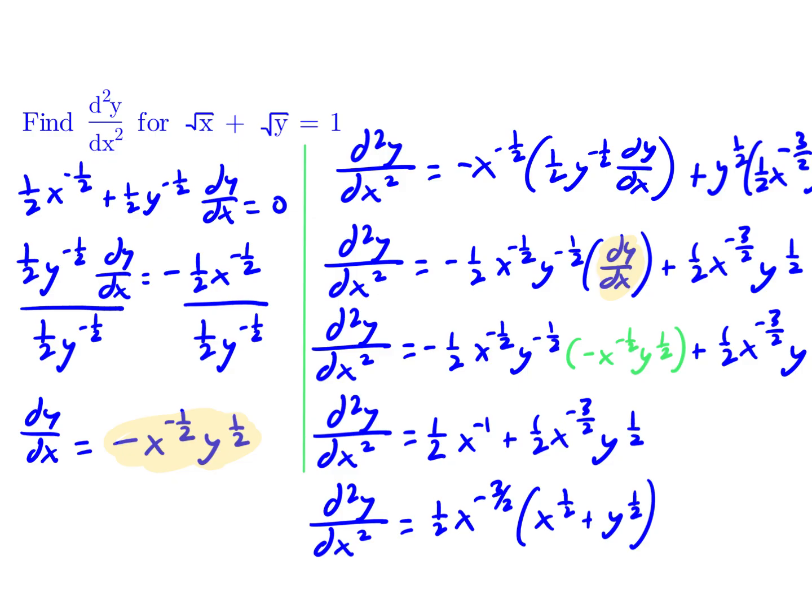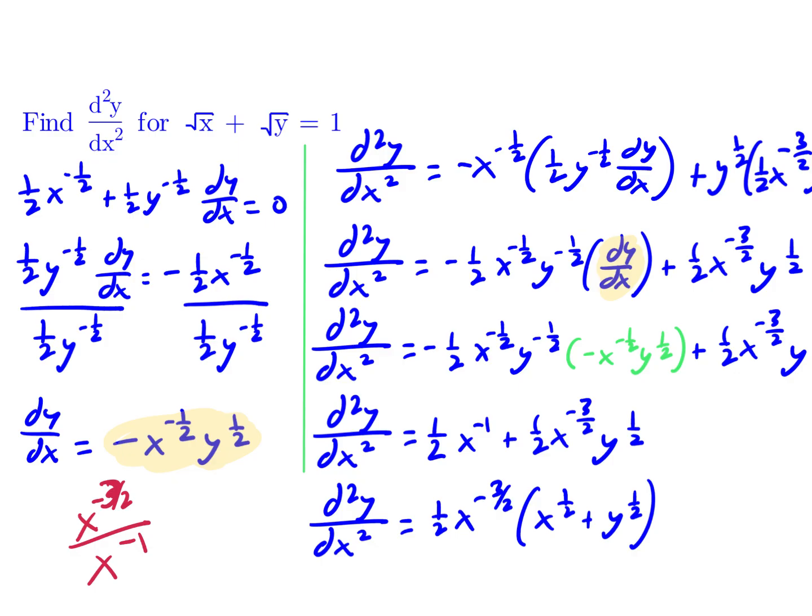Okay? So again, I think what trips some of you up is this factoring. Remember that negative 3 halves is smaller. Whenever we factor with variables, you take the smallest power out. And then it's division. Right? X to the negative 1 half divided by x to the negative 3 halves. I'll write this out so you can see what I'm talking about. X to the negative 3 halves divided by x to the negative 1.